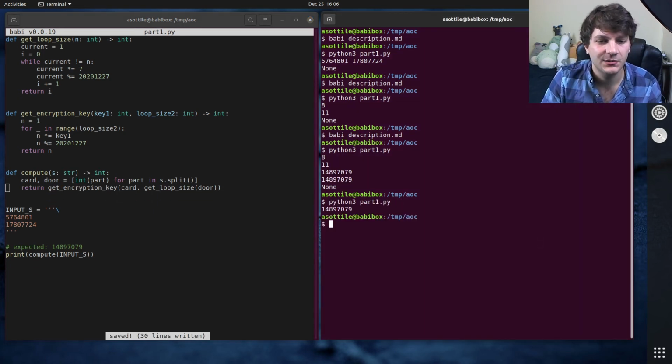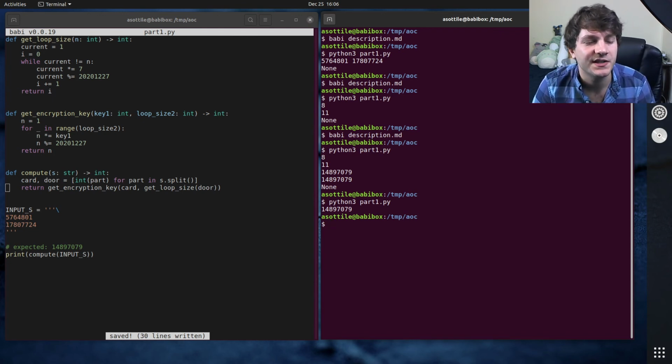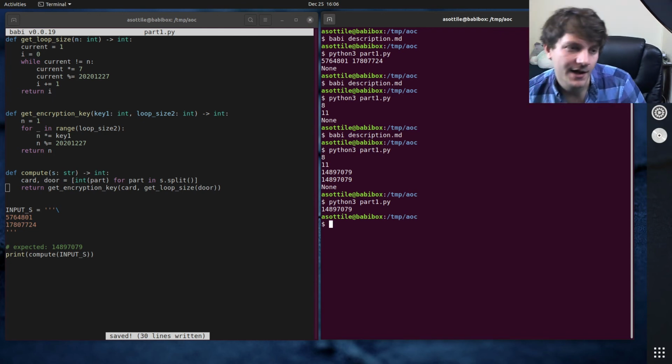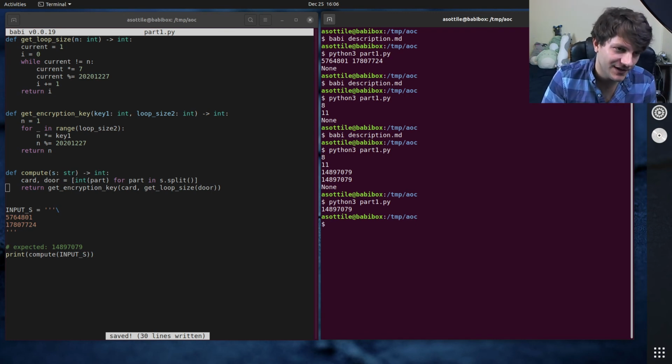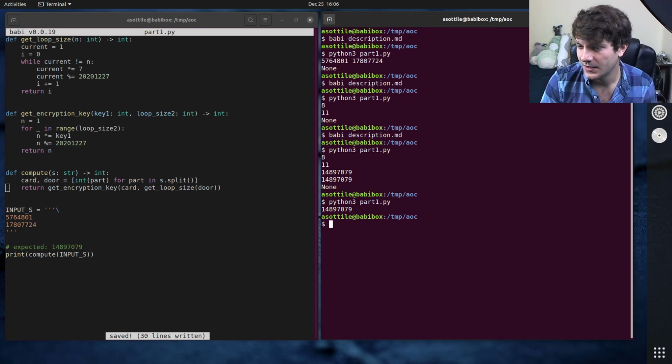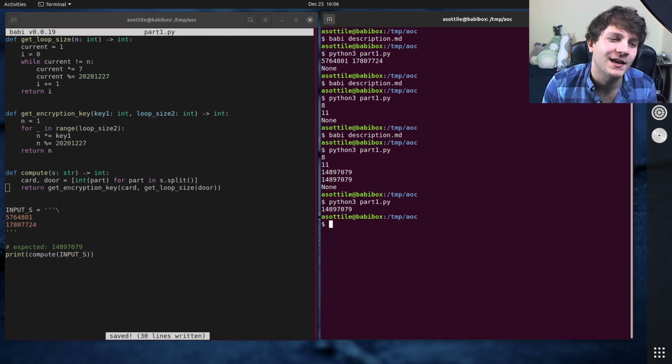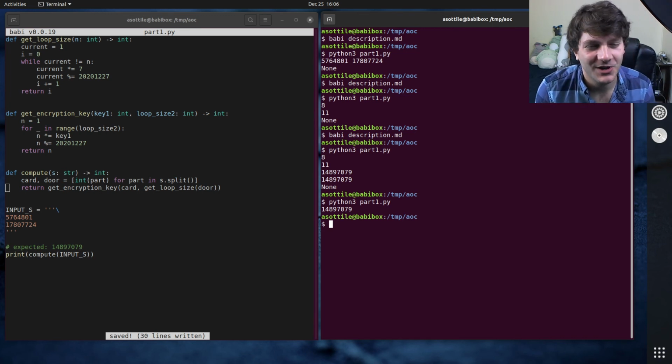Now, this is the brute force approach. It turns out the brute force is fast enough to solve this for the actual puzzle input, but there is a smarter algorithm that I don't understand, so I'm not going to show it to you. It has to do with picking an upper and lower bound, if I recall correctly. The fast algorithm runs in square root n time, which I'm not super familiar with.